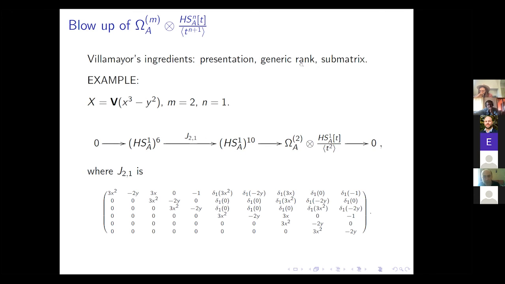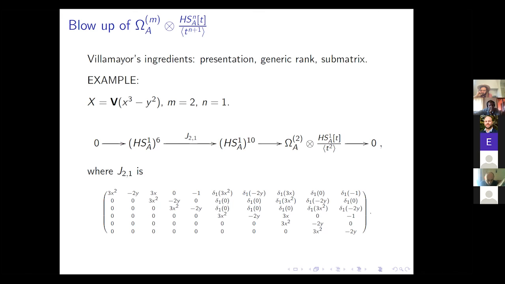Once you have this, to compute the generic rank is straightforward: just tensor, sum, subtract, etc. You have the generic rank. And finally, because of all the numbers appearing in this context, it turns out that the submatrix required by Orlando Villamayor is actually the matrix itself. So we don't have to look for a submatrix; it's the matrix itself.